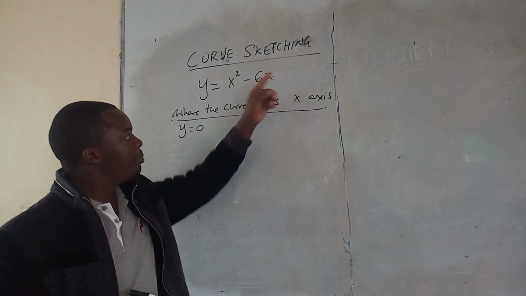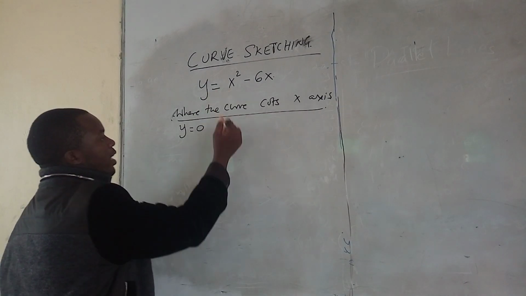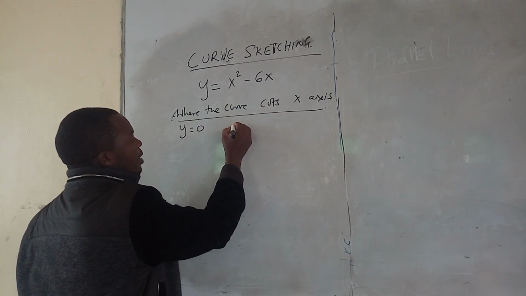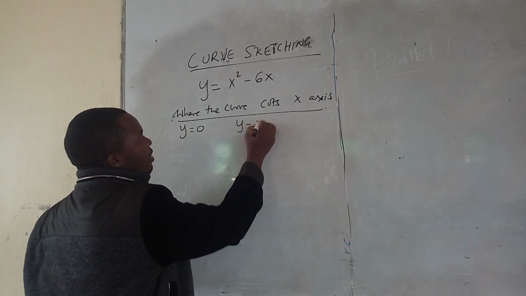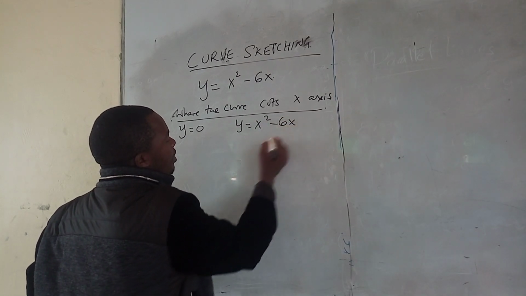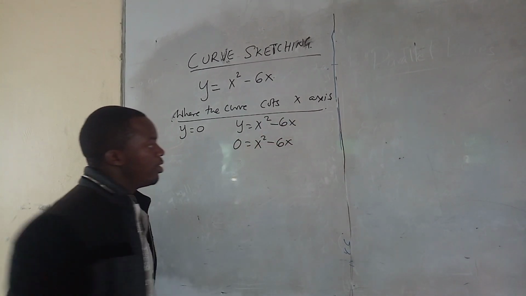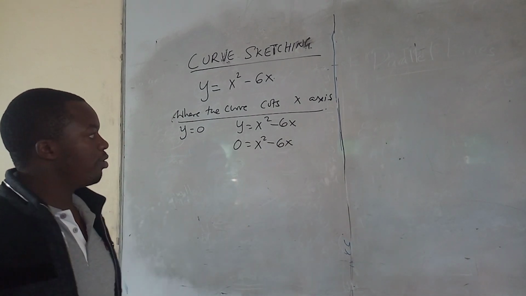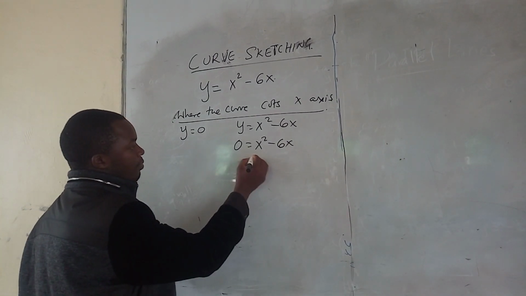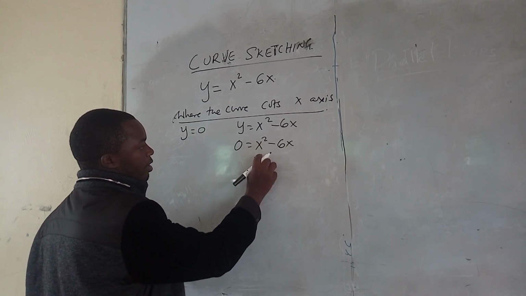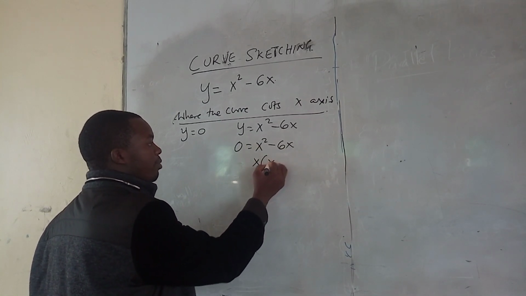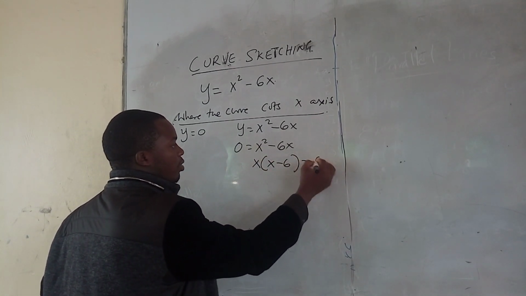So if I substitute it on my function, y is equal to x squared minus 6x, I say 0 is equal to x squared minus 6x. So I can solve this for the values of x. I factorize, it's going to be x times x minus 6 is equal to 0.